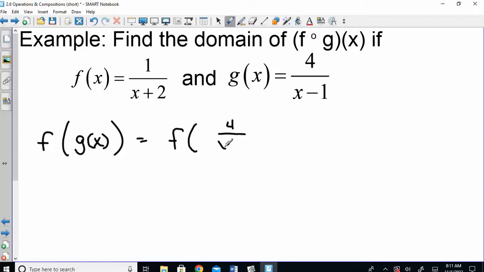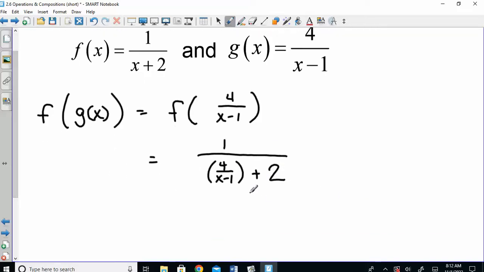So g is 4 over x minus 1. All right, this is going to be kind of gross. So I plug that into f, so we get 1 over 4 over x minus 1 plus 2.